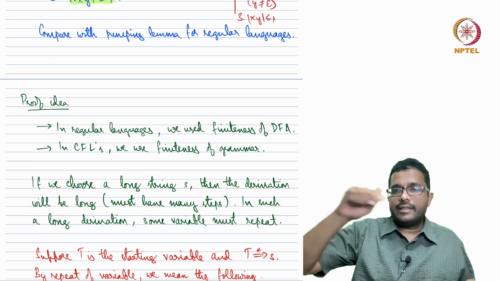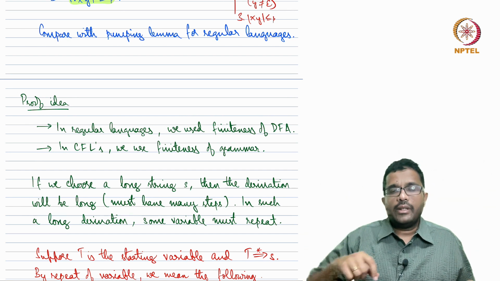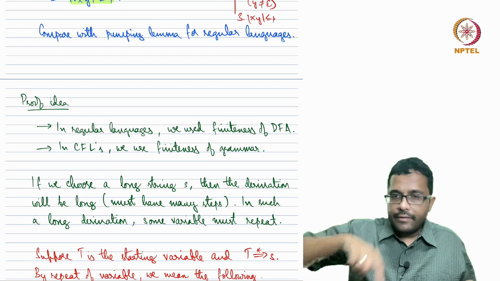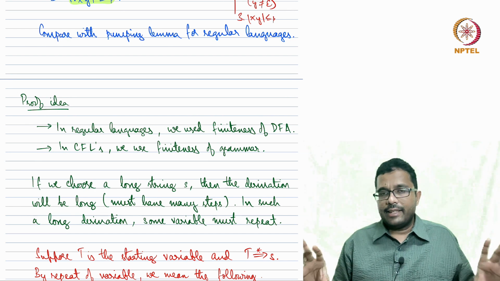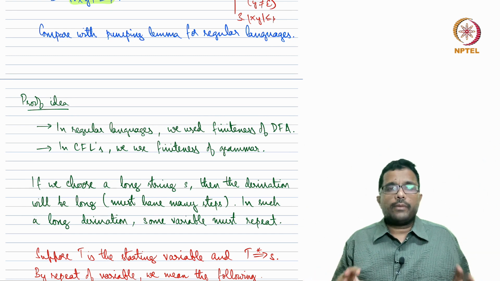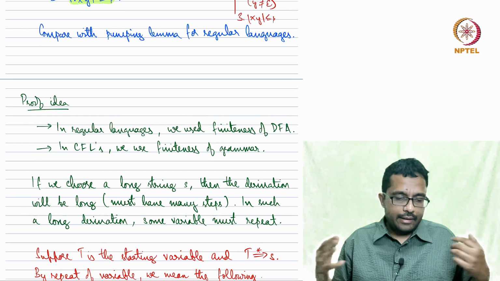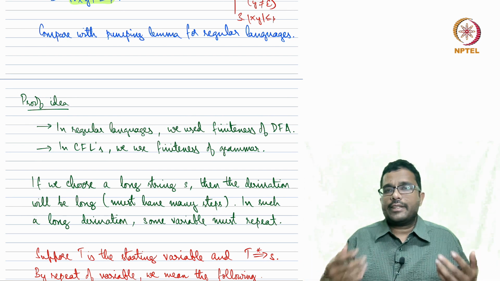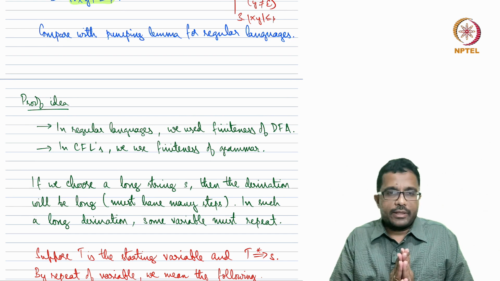And this revisiting of some state turned out to be the middle part of the string. Now when you revisit a state, you can revisit it again and again. You can go through the same loop. This was the high level idea of the proof of the pumping lemma for regular languages. Basically, if the string is long enough, some state has to be revisited because you have only a finite number of states, by the pigeonhole principle.